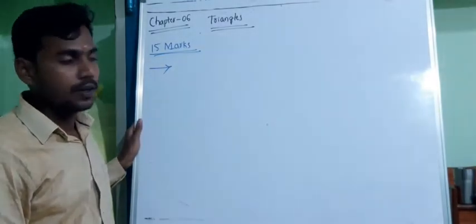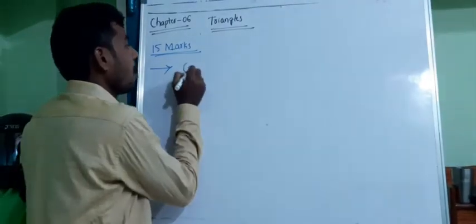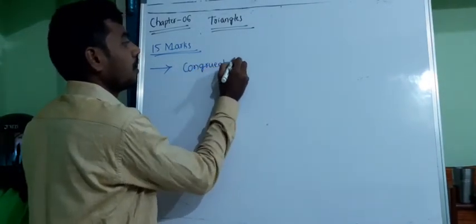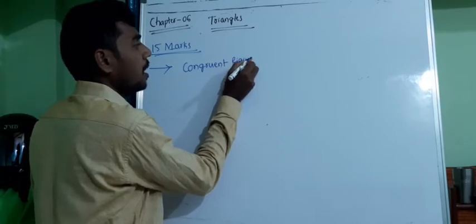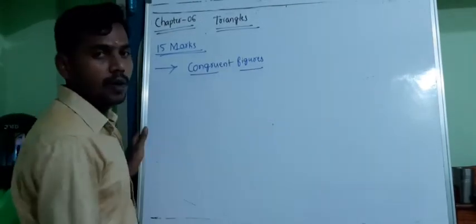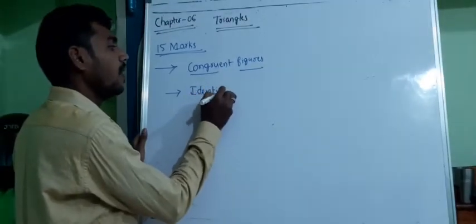Already you know what you mean by congruent figures. So what is the meaning? When do we say that two given figures are congruent? If they are identical. In what way are they identical?